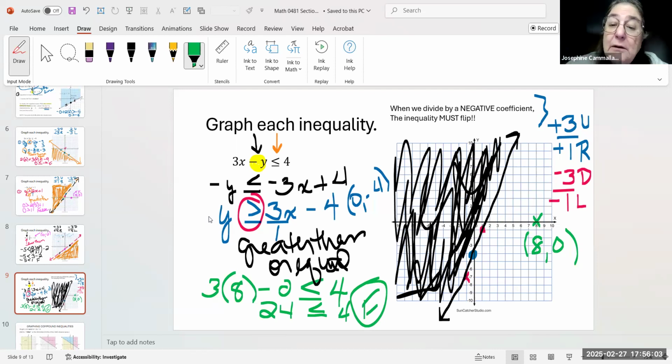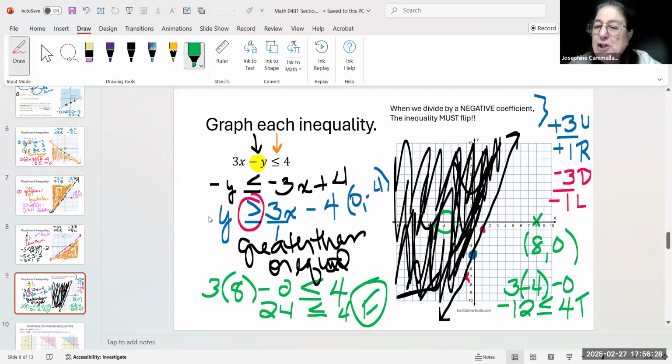But if you want to check, let's do this circled one. I have a negative 4 there. Let's do that check. 3 times negative 4 minus 0. This is negative 12. Is that less than or equal to 4? This is true. So the black area where I shaded was correct.